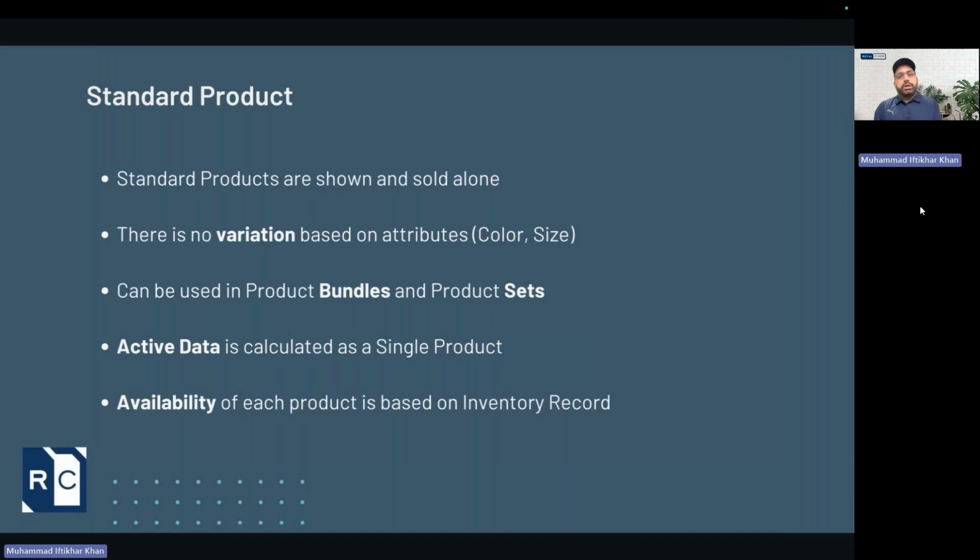And regarding the inventory record, the inventory record of this standard product resides in the system as a single one-to-one mapping between the inventory record and the standard product. So single SKU. So this is all about the standard product. We will check this later in the Business Manager. But it's a basic level of product that you can define in the Business Manager.